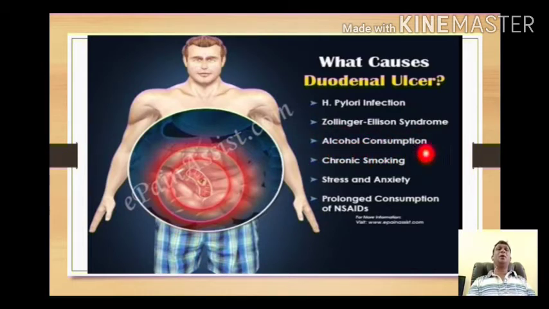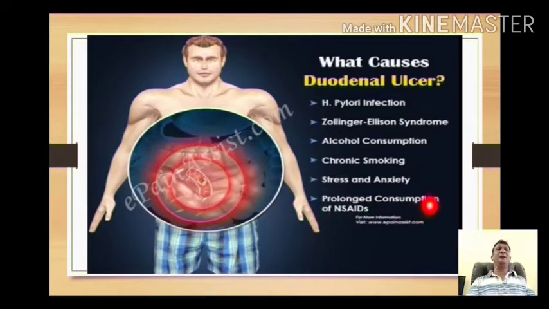The third cause is somewhat very common in our society, that is high alcohol consumption. The next cause is also a very common one, that is chronic smoking. Now in today's life, due to some conditions, there is increased stress and anxiety, due to which also there is increased production of acid.